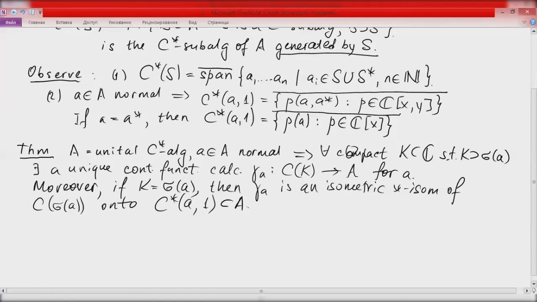Okay, let's now try to prove this result. First of all, let's observe that we may assume from the very beginning that K equals the spectrum.